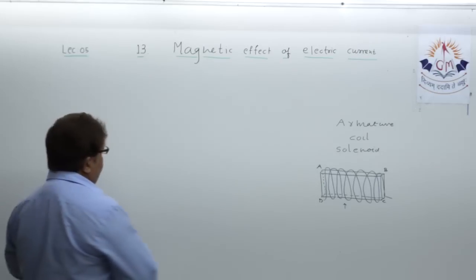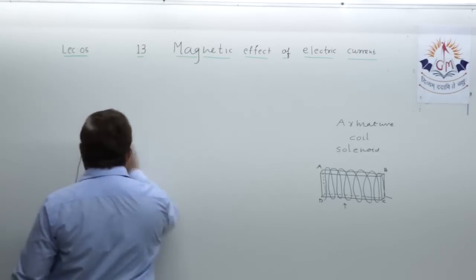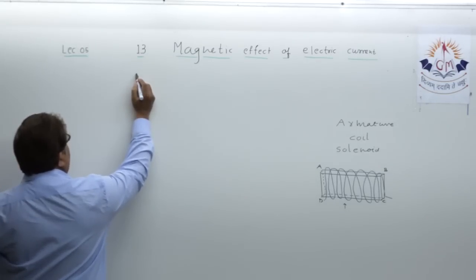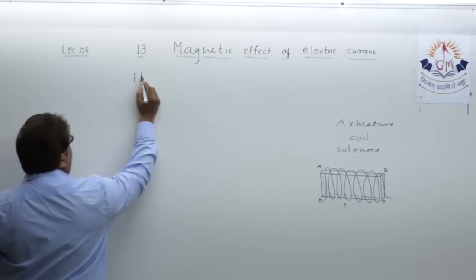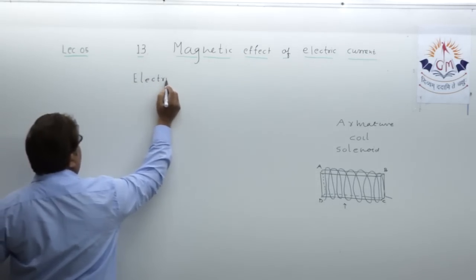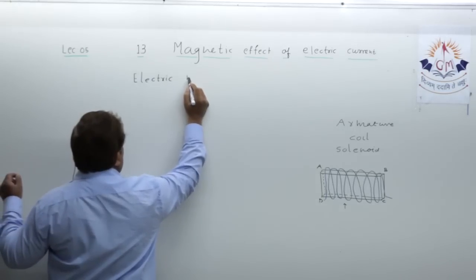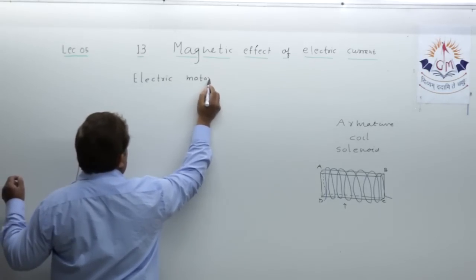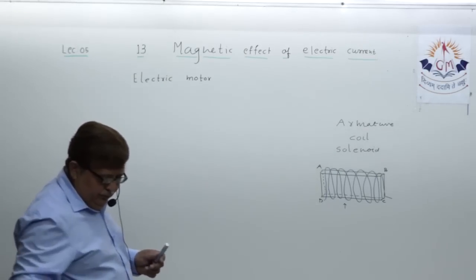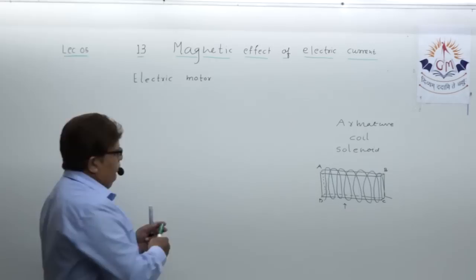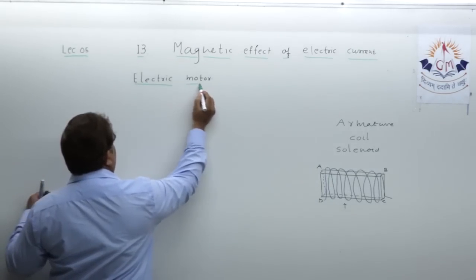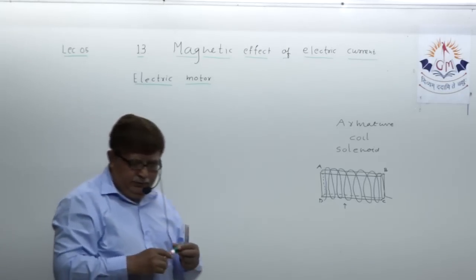Okay, let us try to understand today in lecture 5 regarding the electric motor, the principle on which it works. Also we will try to understand its structure. What is the structure of an electric motor? That is also we are going to understand today.